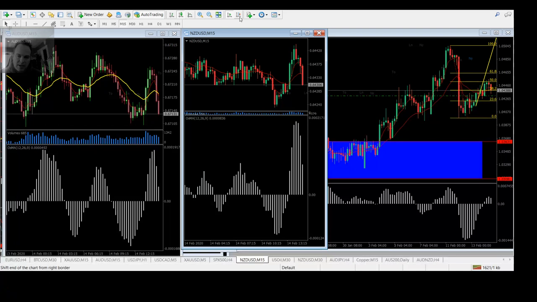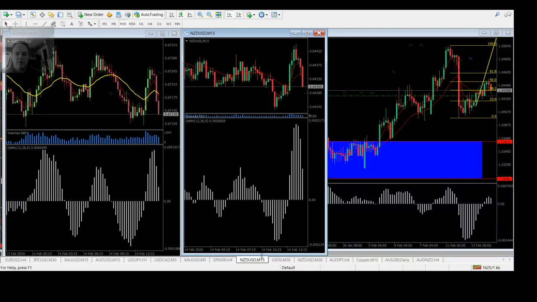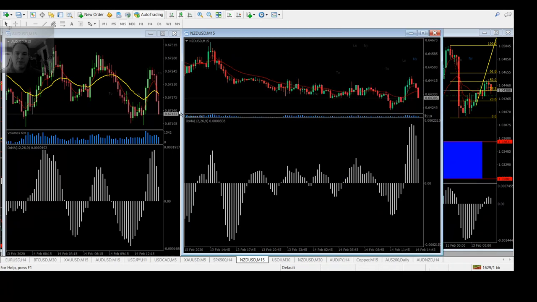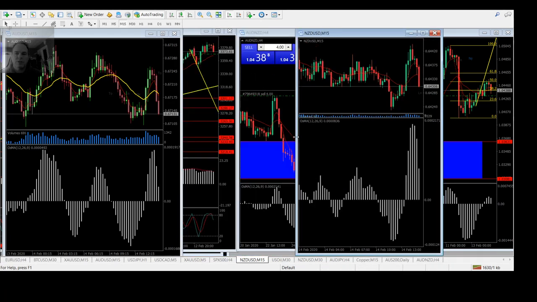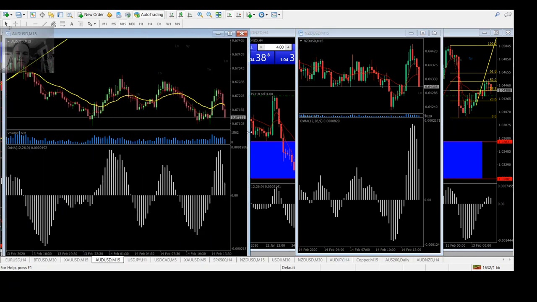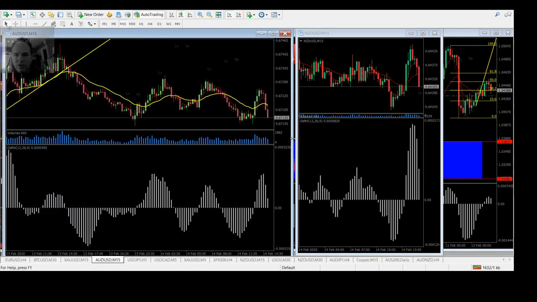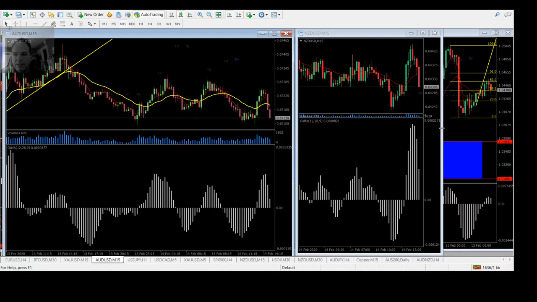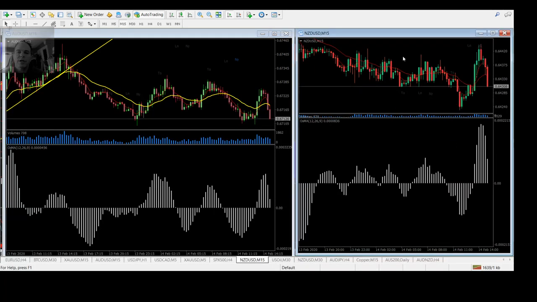Now, if I was forced to buy one of these currencies or sell, let's say sell, I would sell the Australian over the New Zealand just because they have more of a direct relationship with China. And considering what's going on in China with the virus, that's what I would be looking for.